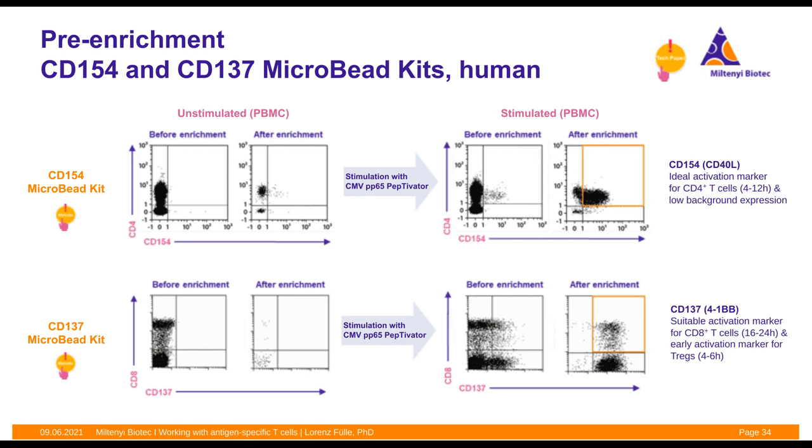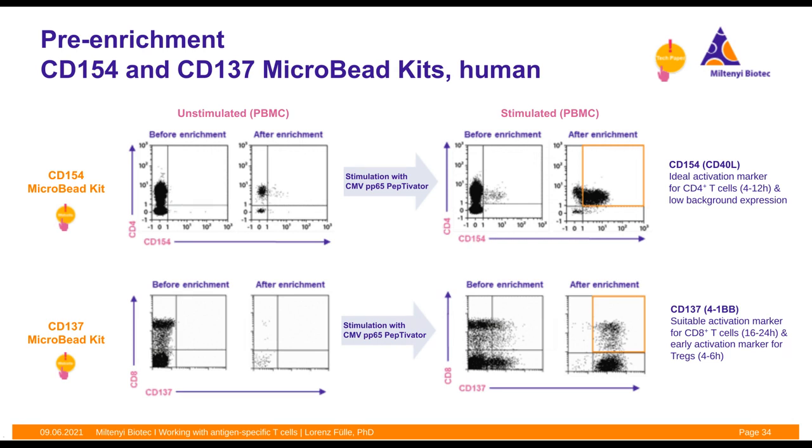Indeed, results after pre-enrichment using, for example, our CD154 or CD137 microbead kits are really good. While CD154 is upregulated on activated CD4 positive T cells, CD137 is upregulated on activated CD8 positive T cells. Stimulated PBMCs with the CMV PepTivator or left them untreated as a control. In both conditions, the T cells were enriched using the respective microbead kits, and then the cells were analyzed using flow cytometry.